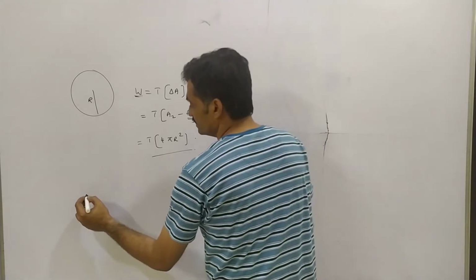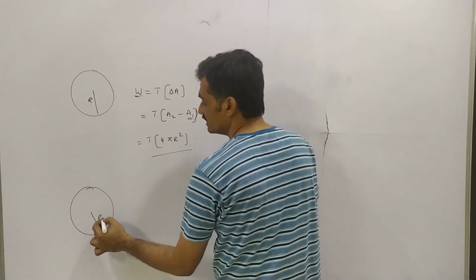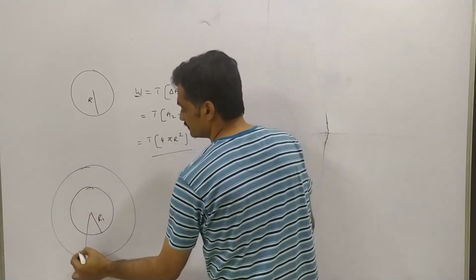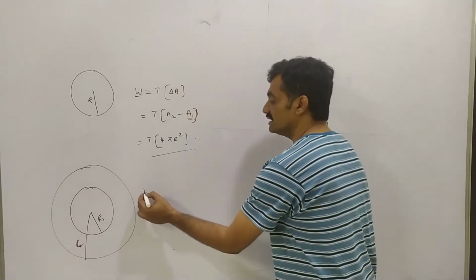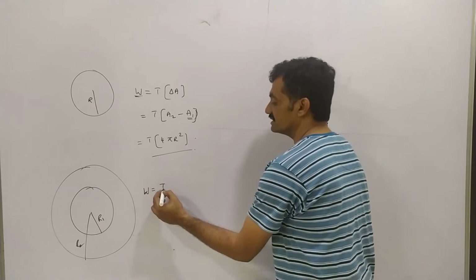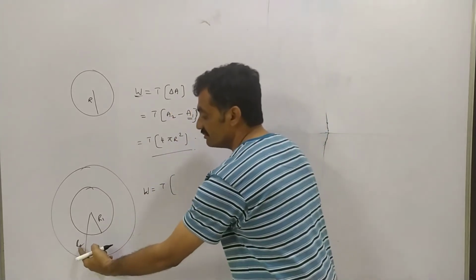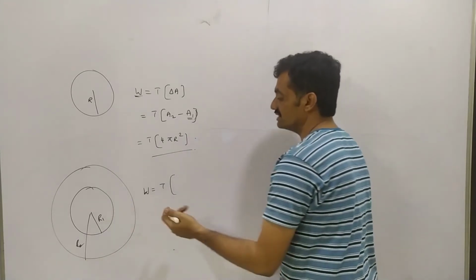Similarly, when we consider the radius of the liquid drop has been increased from R1 to R2, then in this case the amount of work done is given as surface tension into change in the area. Final area is given based on the radius R2 and initial area is given based on the radius R1.